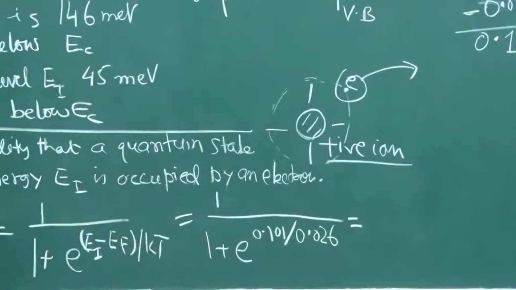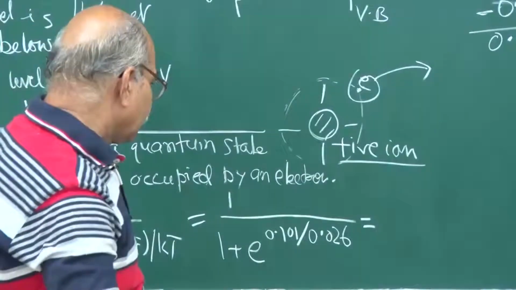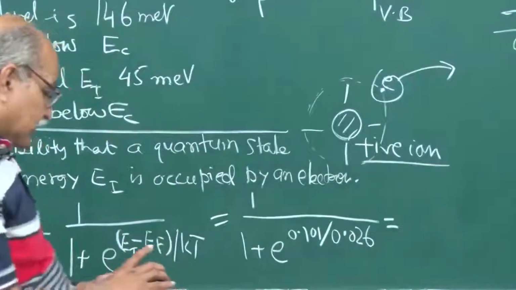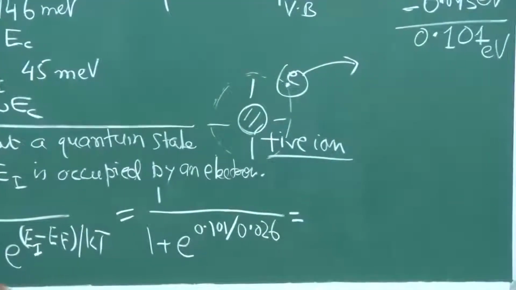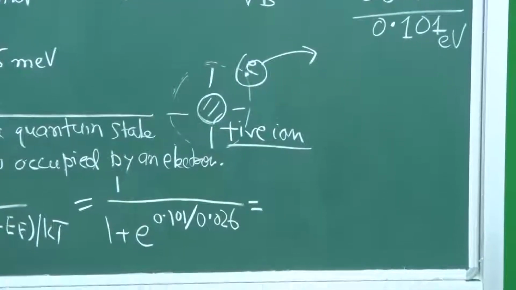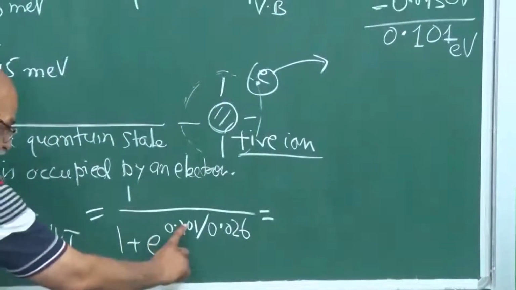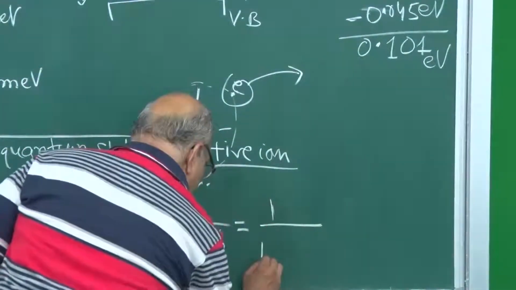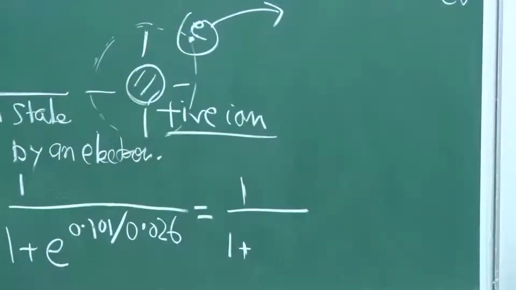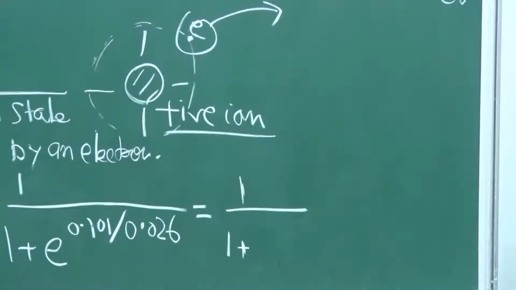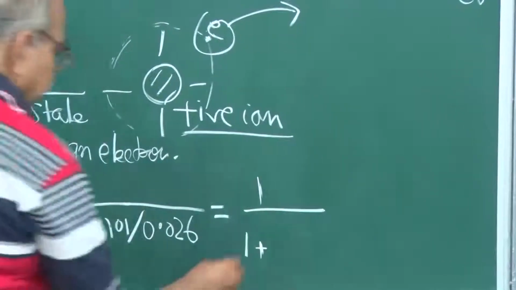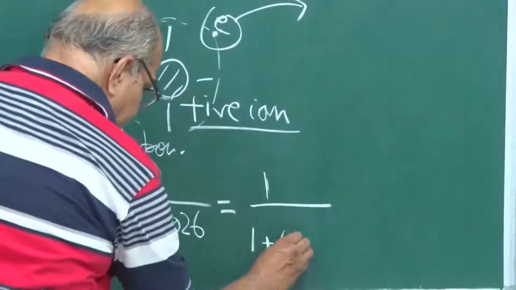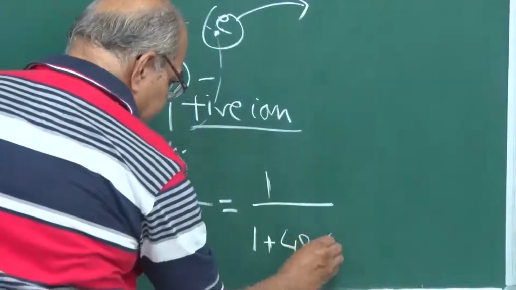So let us work out how much this is. 0.101 divided by 0.026, then e to the power of that, let's work out this much. 1 divided by 1 plus 48.6.